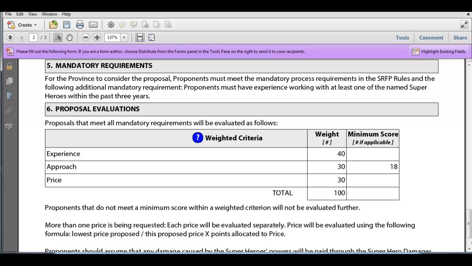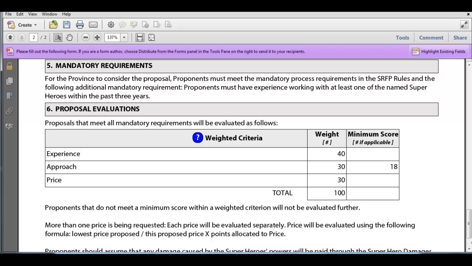If the SRFP writer decides they want different headings, experience and approach perhaps don't work, they want to call them something else, they would make the change while they are building their SRFP, and if they make the change here in this table, it automatically changes the heading in Appendix A. So what that means for you as a proponent, if I'm looking at experience and I see that it's got a weight of 40 points altogether, then I know I can go to Appendix A and I'm going to see exactly that same heading, experience, and everything under that heading, that's what's weighted 40 points. So it really provides some clarity on how it is that we've weighted the SRFP sections.